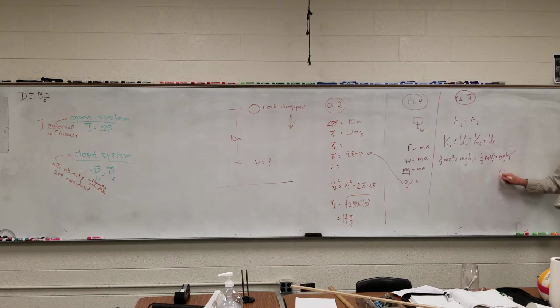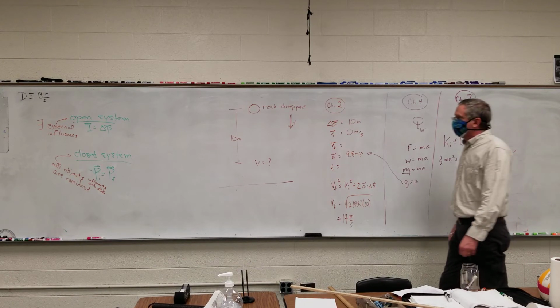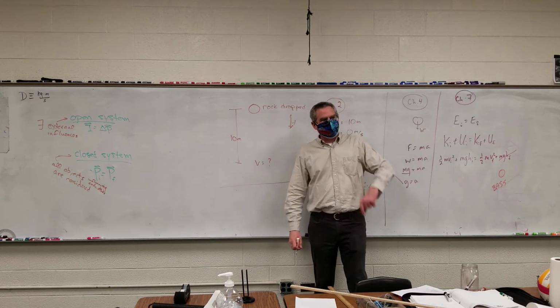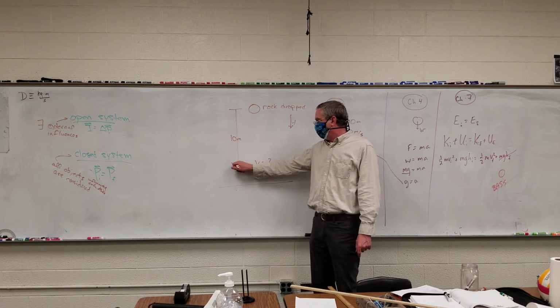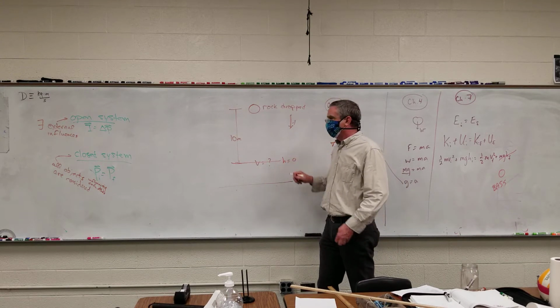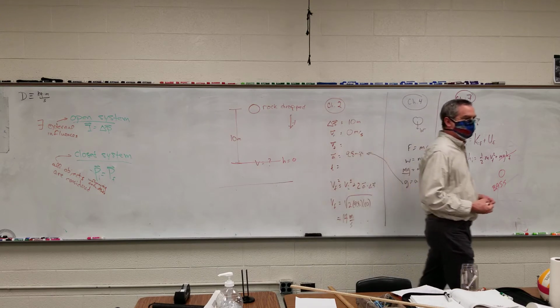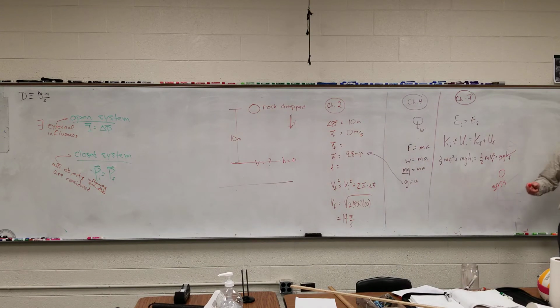Because Amy says so. She just established by making that statement that h is equal to 0 here, despite the fact that Kino wanted the ground to be 0. Amy said, not today, not in my house.